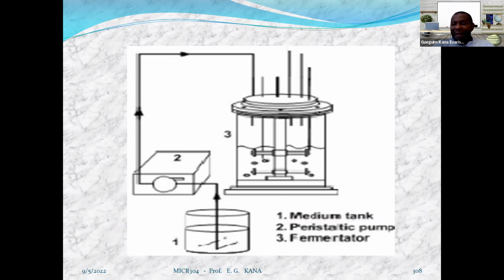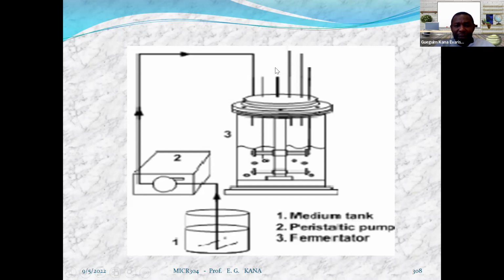If you go by the definition that we had of the batch system, the reactor is sterilized. You do all the preparations and you run the system without interrupting it. Nothing goes in when the process has been initiated until the entire process is completed. Then you harvest it, and you go to the downstream sequence of operations.